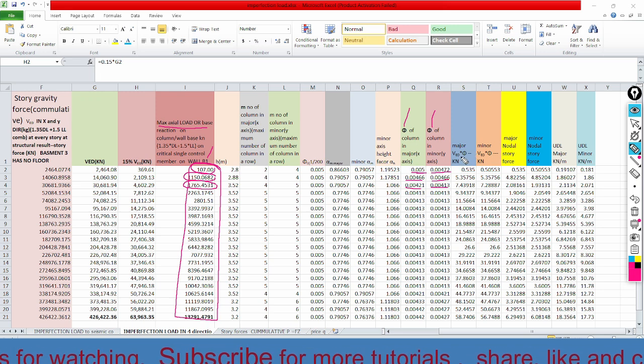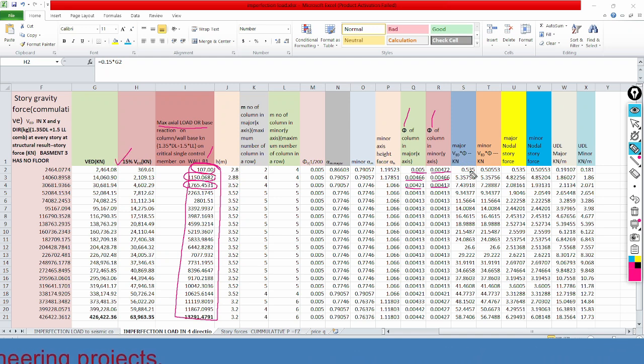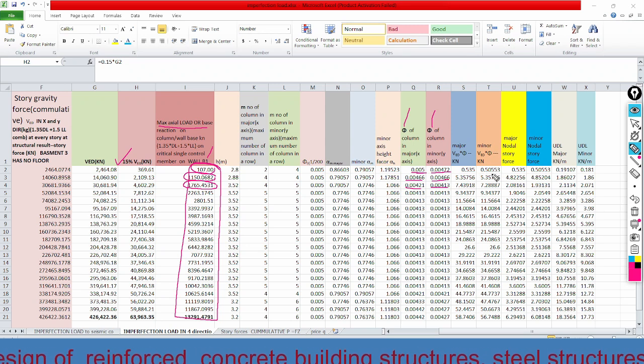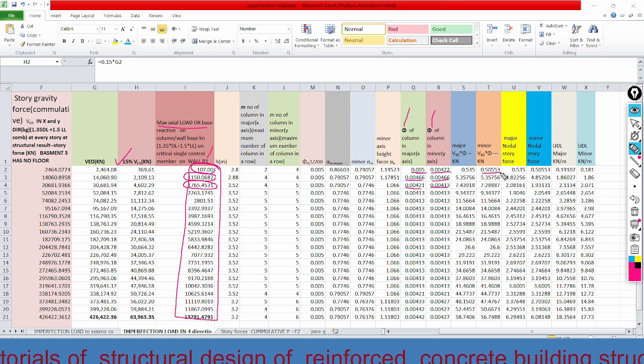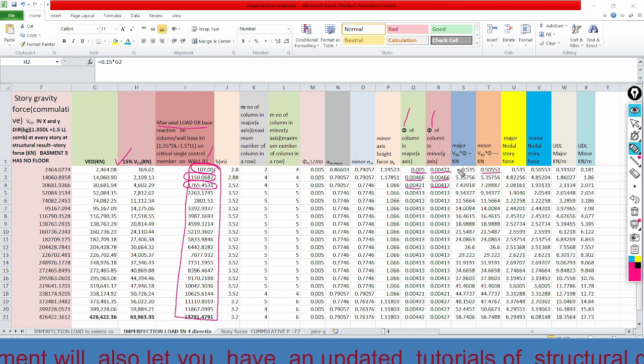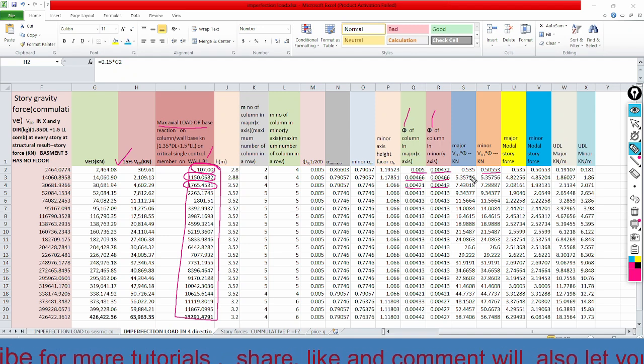Accordingly, I can calculate the lateral load in the x direction, that is VED multiplied by the phi value. This will provide 0.535, and for the y direction also 0.50553, and this is the lateral load which will be applied at the top of the 17th story.